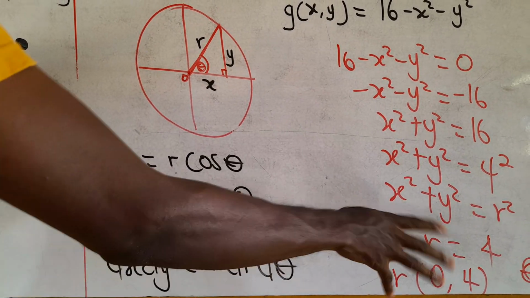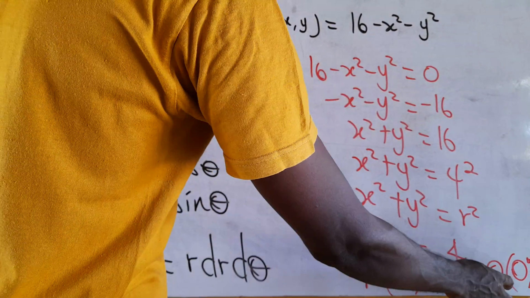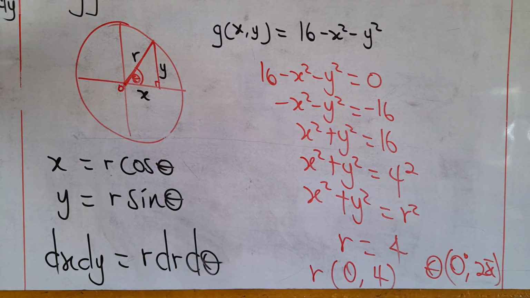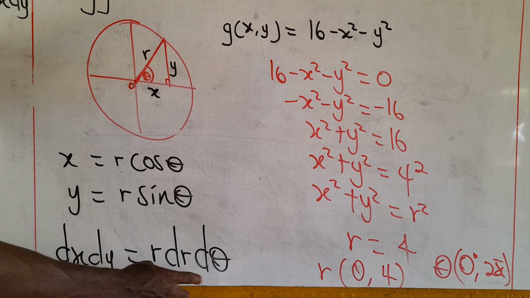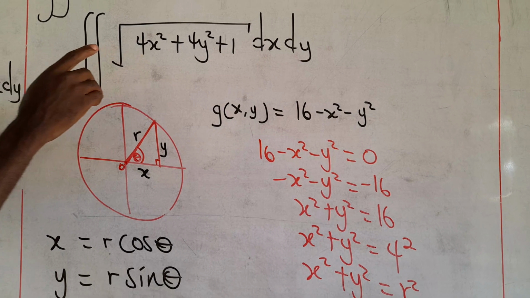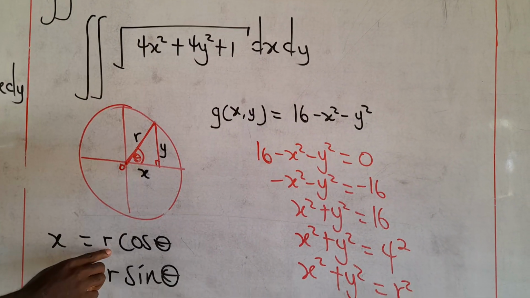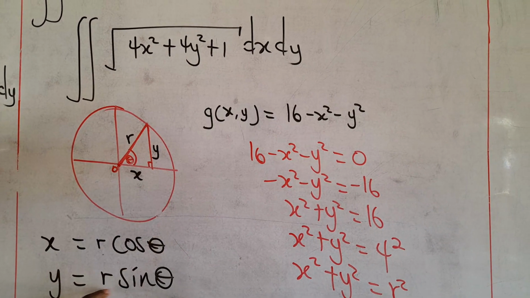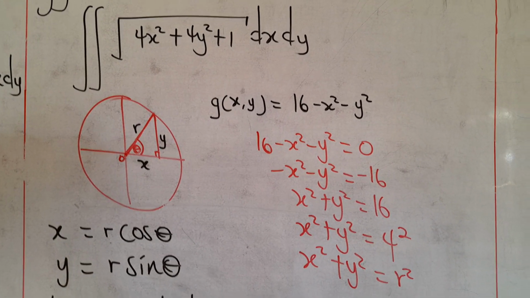So in substituting all these things, knowing that the limiting point for r is 0 to 4, and that of theta is from 0 to 2 pi, and our dx dy is equal to r dr d theta, we'll substitute that here. Also, our x is equal to r cos theta, y is equal to r sin theta. We substitute, then we switch to polar integration.